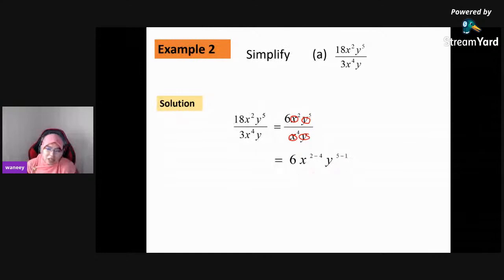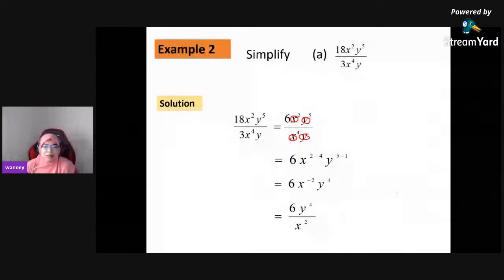So simplify them a little bit. You're going to get 6x to the power of negative 2, y to the power of 4. Of course, you can leave your answer like this. If you don't think it looks beautiful enough, you can easily bring them down. So that is how it becomes 6y to the power of 4 over x squared.